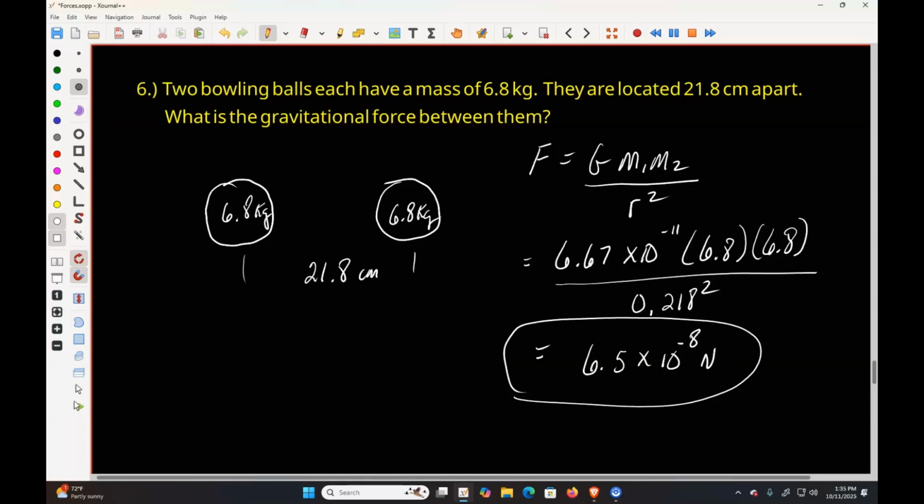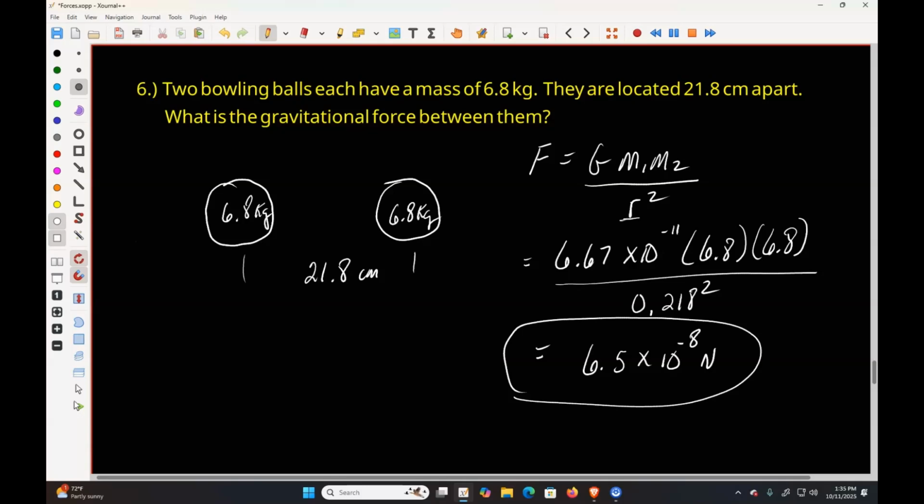What if I brought the balls closer together? So maybe instead of 21.8, I was half that distance. What effect would it have upon the force of gravity? Well, the law of inverse squares says, since this radius here, if I make that 1/2, then 1/2 squared is 1/4, and dividing by 1/4 means it will multiply the force by 4.